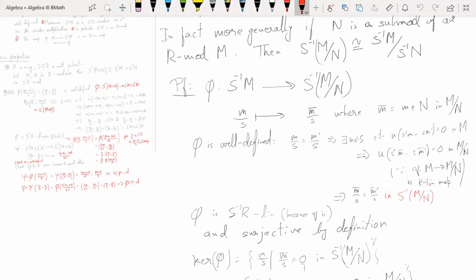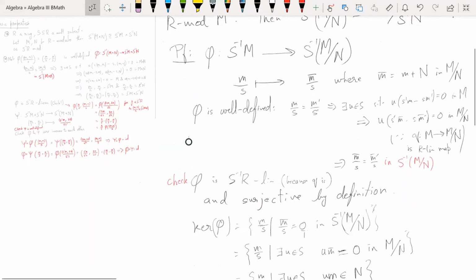So if you take M over S and M prime over S prime, adding them and applying phi is the same as first applying phi and then adding them. So there's nothing much in there. You just check this. This is a one step check.